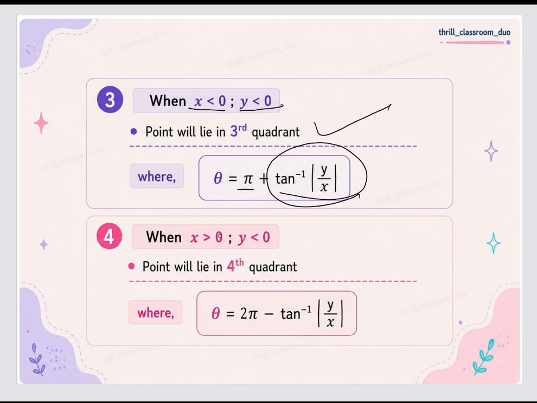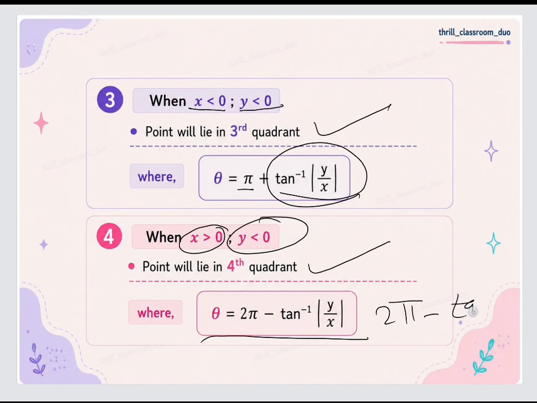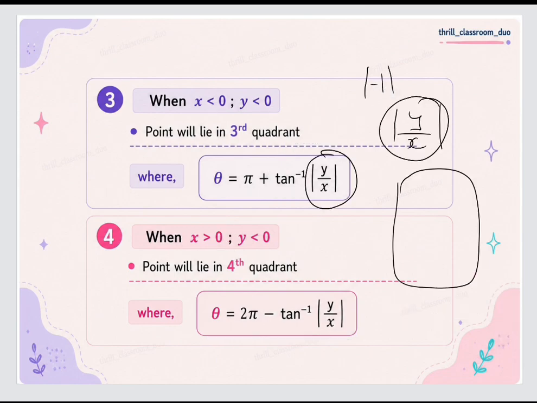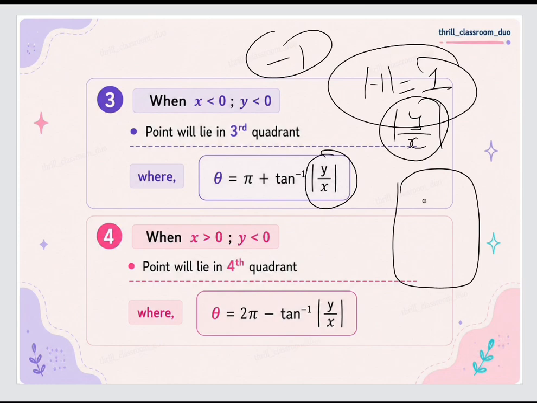And the last one is when x is greater than 0 and y is less than 0, the point lies in the fourth quadrant, where theta is 2 pi minus tan inverse modulus y upon x. If there is a negative number in the modulus, the number comes as positive. So you don't need to study the negative part. You can just go with the positive part of the tan theta table.